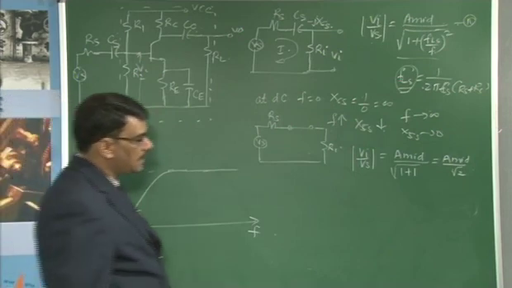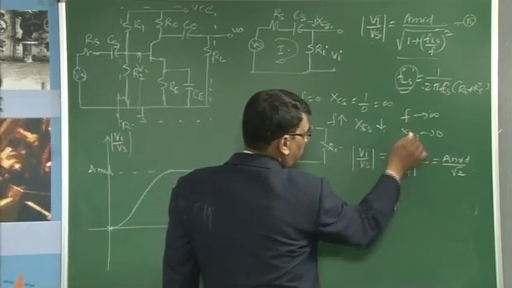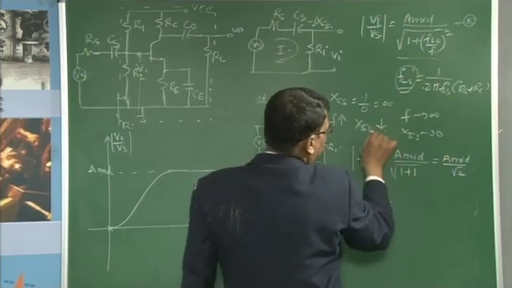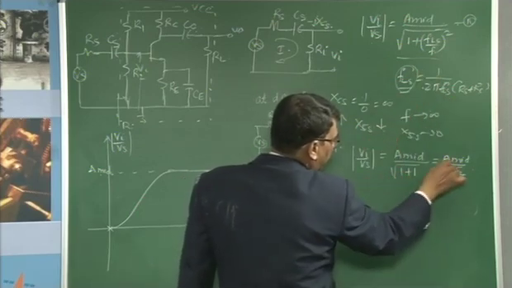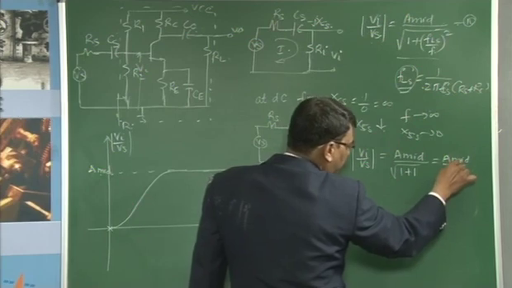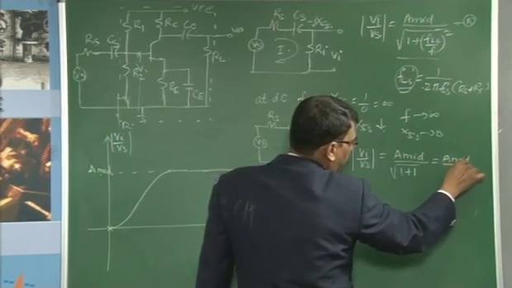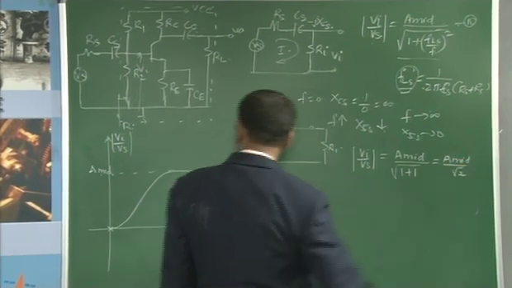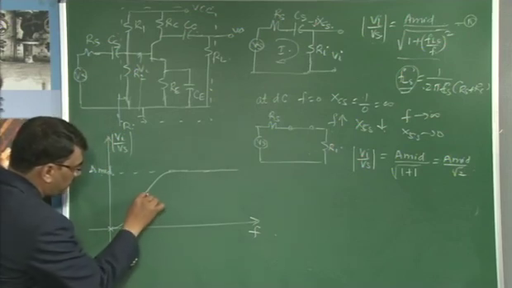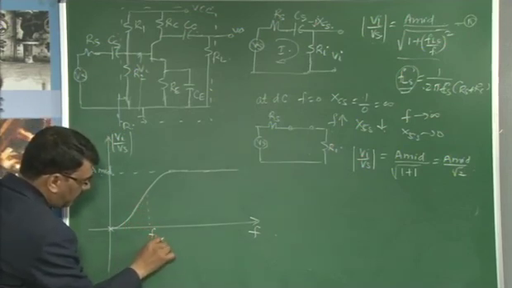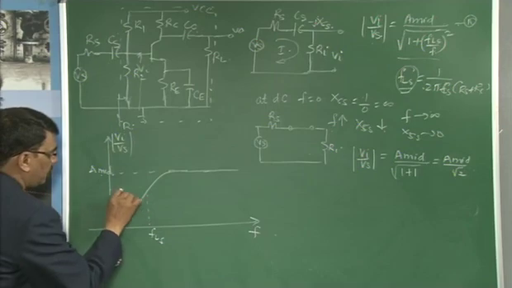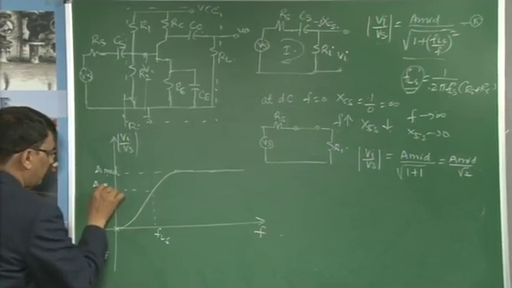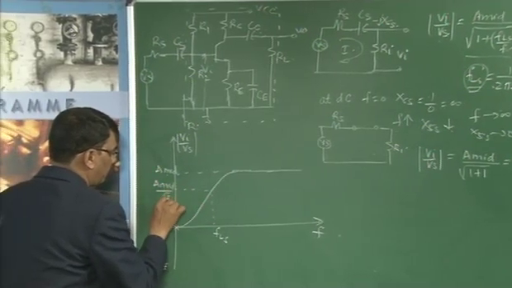So at f equal to FLS, the gain of the amplifier is reduced by a factor of root 2, equal to the midband gain divided by root 2.